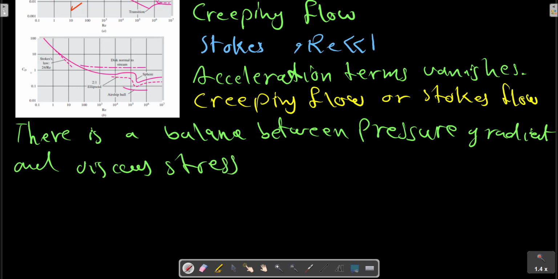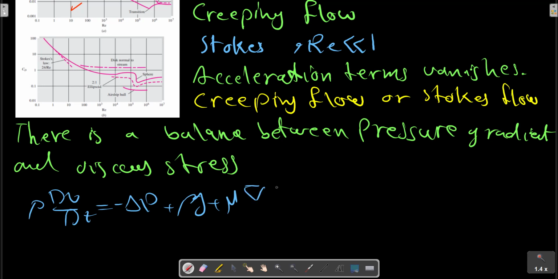As we know, for example, for the Stokes model, we can vanish the acceleration term and also the gravity effect.